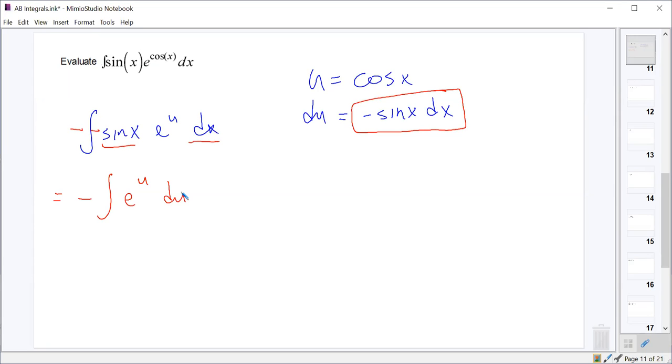And what does this give us if we integrate? What is the integral of e to the u? It should just be e to the u plus our constant. And what does that give us? It gives us negative e to the cosine x plus a constant. Does that make sense to everyone or no?